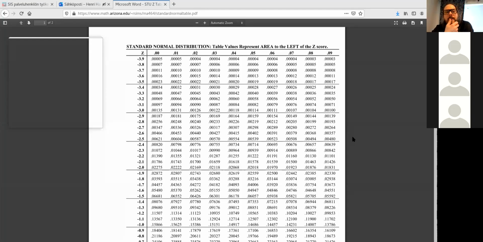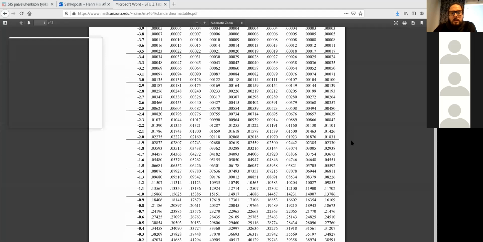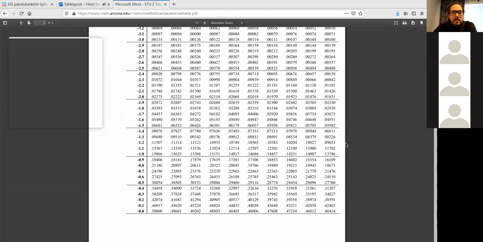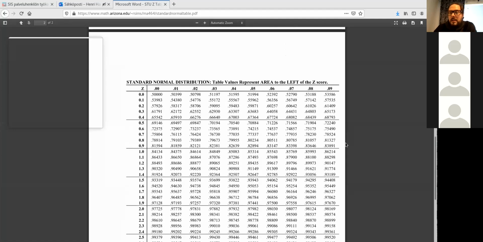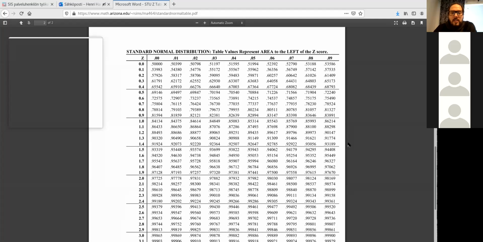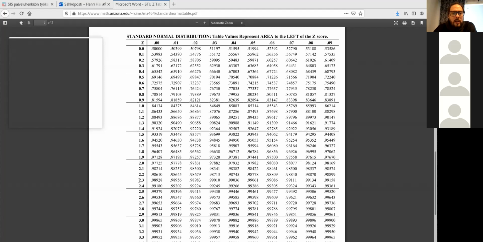So very often we have this Z score. We are looking at the value of Z, and we are looking at this cumulative distribution function. The way we calculate this is, if we want the probability that our N(0,1) distributed variable Z has a value smaller than or equal to 2.5, we look at 2.5 and 0.0, so it's here.